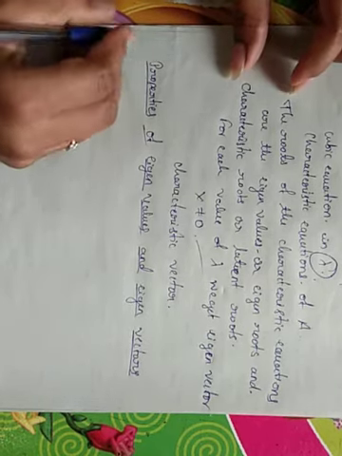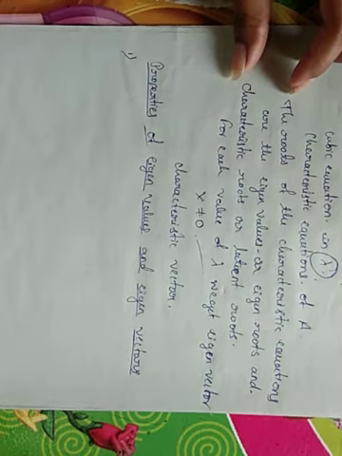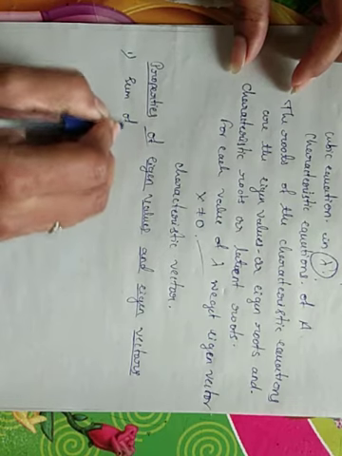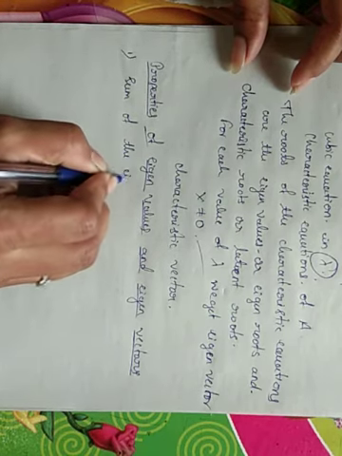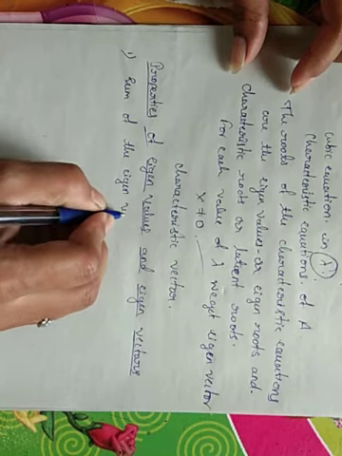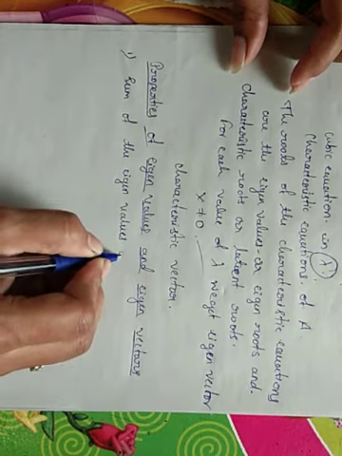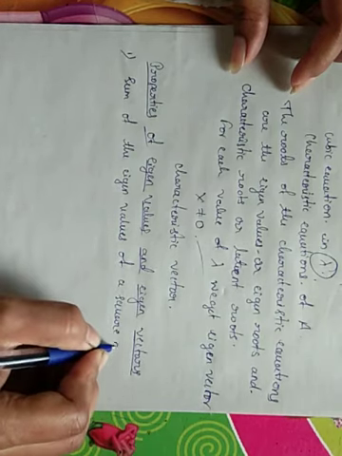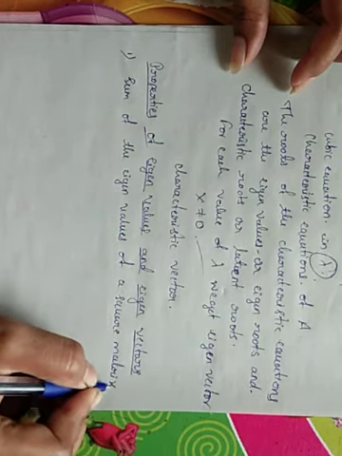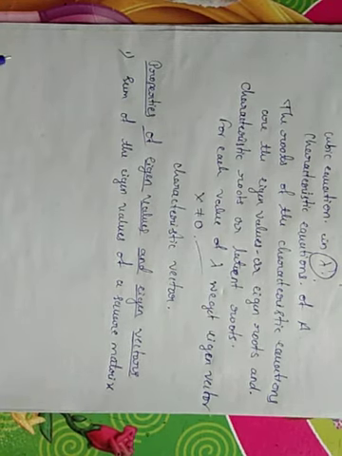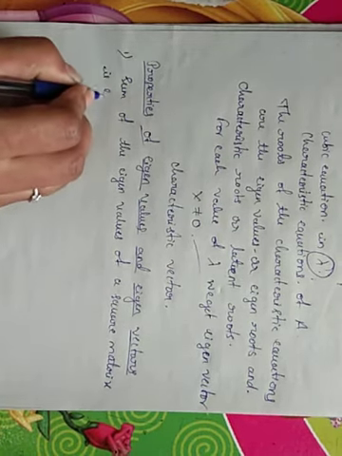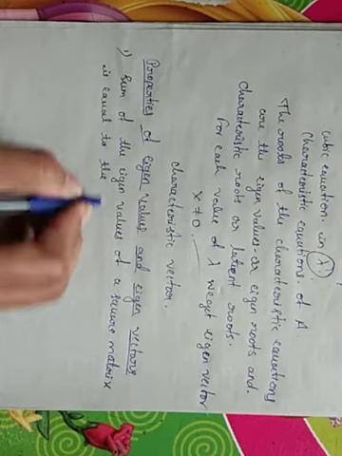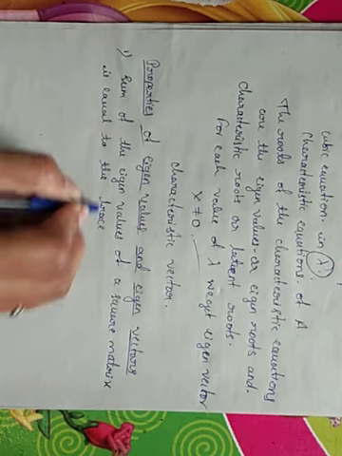So come to the properties. The first property says that the sum of the eigenvalues of a square matrix is equal to the trace.